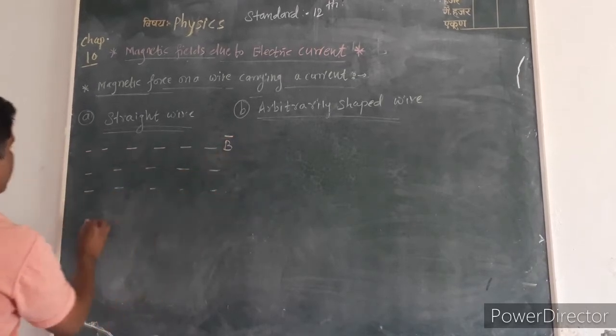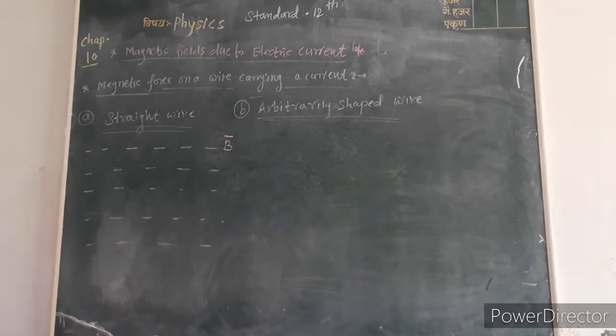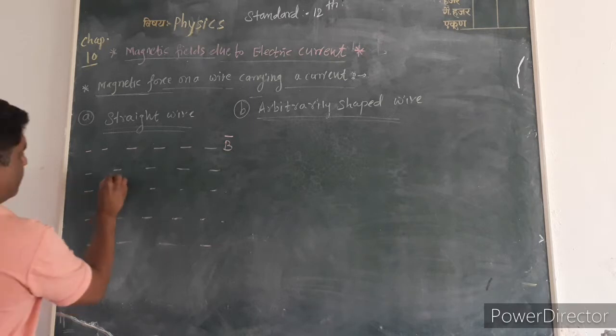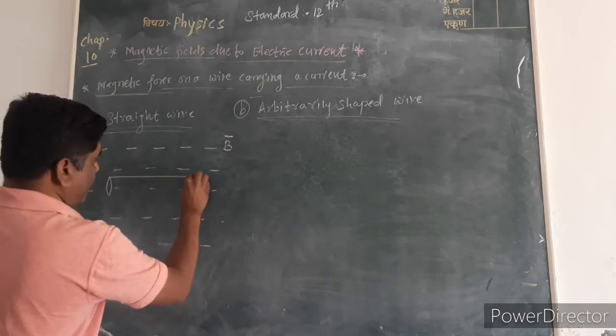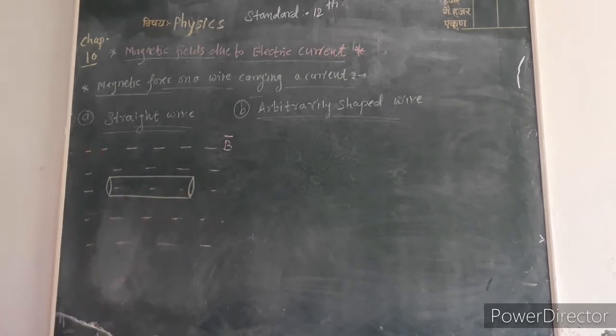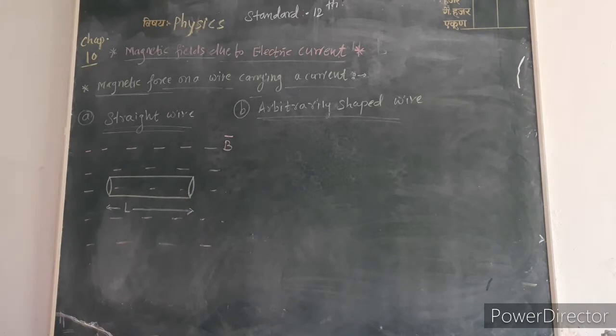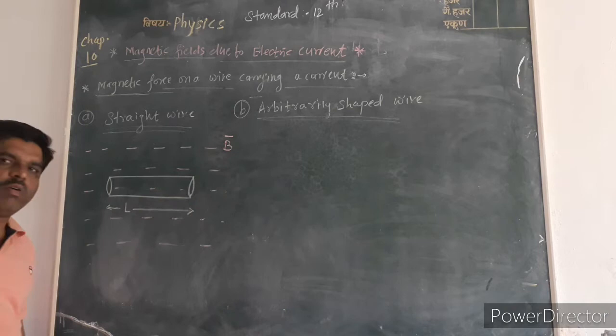This is the uniform magnetic field B bar, and a straight wire of length capital L is kept in this magnetic field. This is the straight wire kept in uniform magnetic field B bar.